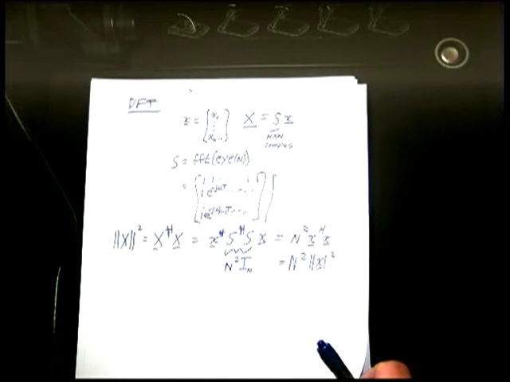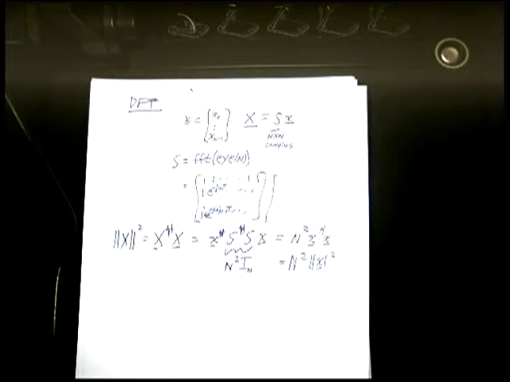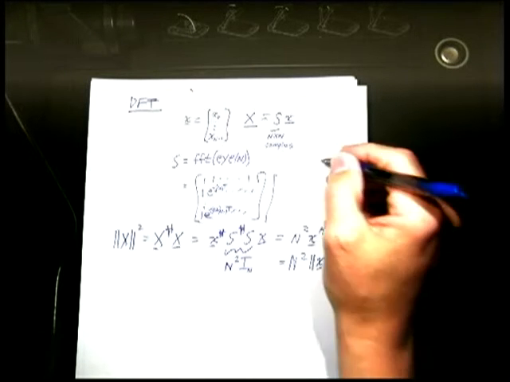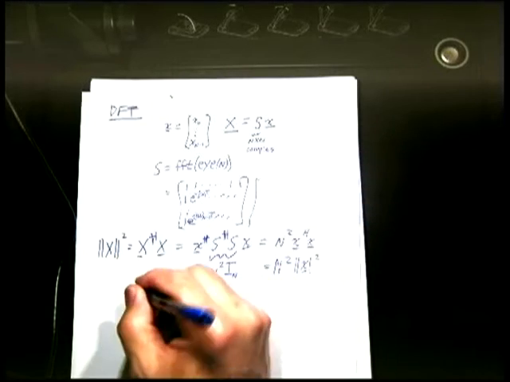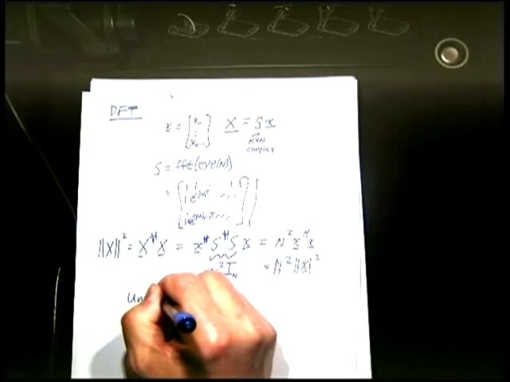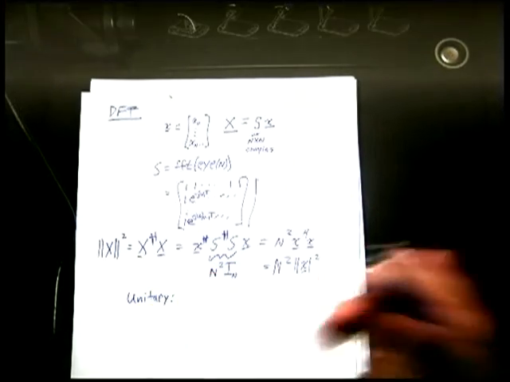Actually, I should clarify that an orthogonal matrix is normally defined as orthonormal. To be precise, I shouldn't call it orthogonal, I should call it unitary. This is just a little linear algebra terminology.